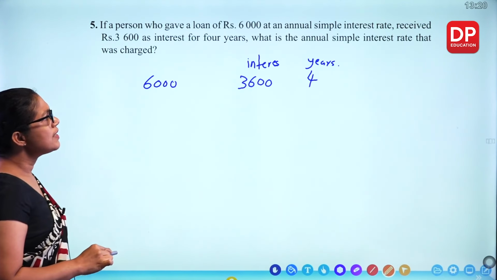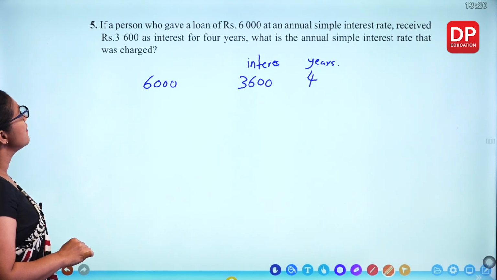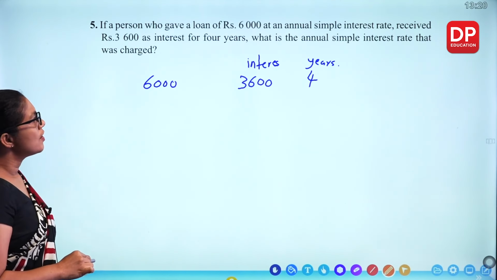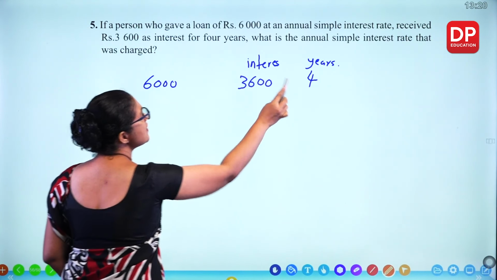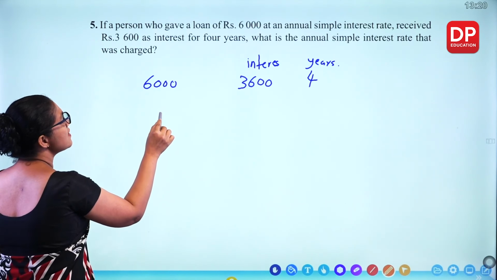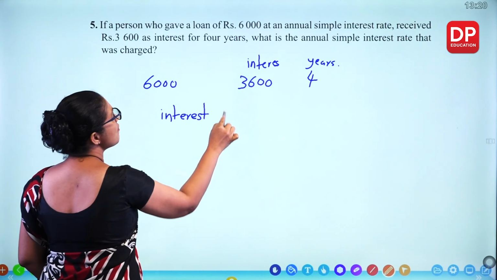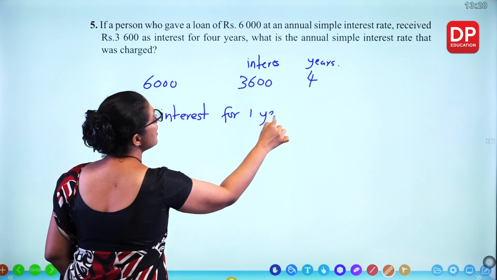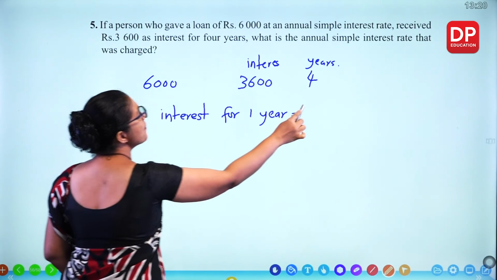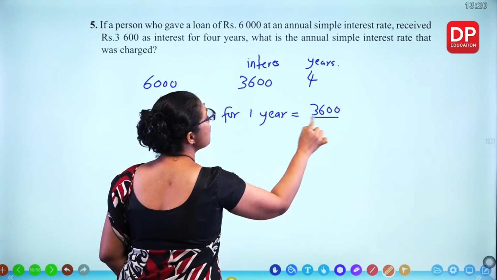What is the annual simple interest rate that was charged? So this is for 4 years, interest is that. So what is the interest for 1 year? Interest for 1 year is 3,600 divided by 4.